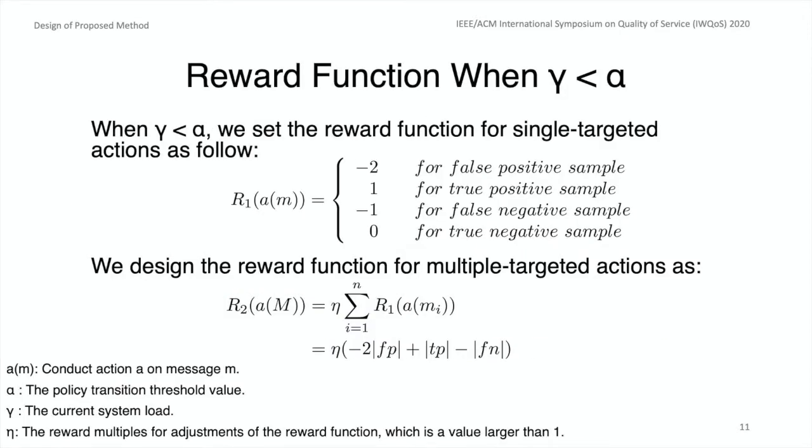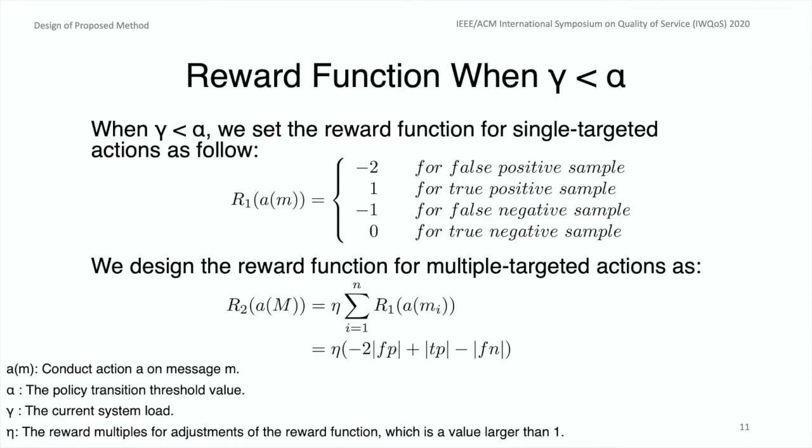Now let's move to the reward function. We designed a set of reward functions to satisfy the system design. Here is the reward function when the system consumption is very low, which means the system is still in a very safe zone. For single targeted actions, the agent will get more penalty when mitigating false positive samples.